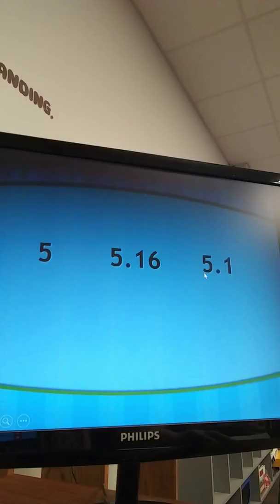You have to make sure of the same decimal places. You can add a decimal point and 2 zeros here and not change the value. This is 5 decimal point 00, still 5. And so you'd put those in order again. $5, $5.10, $5.16. Okay, and then ready to do your assignment.